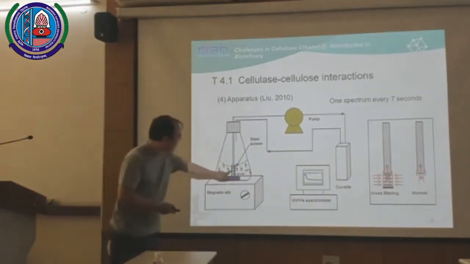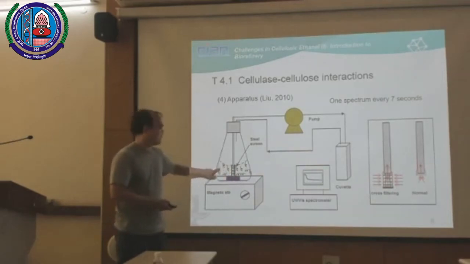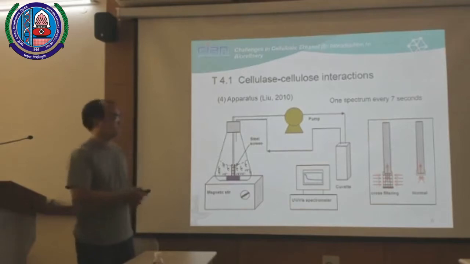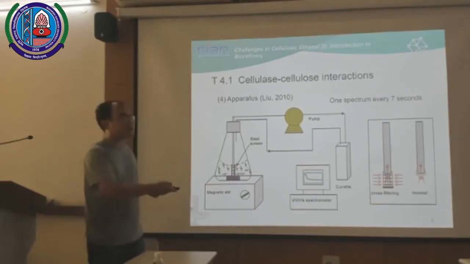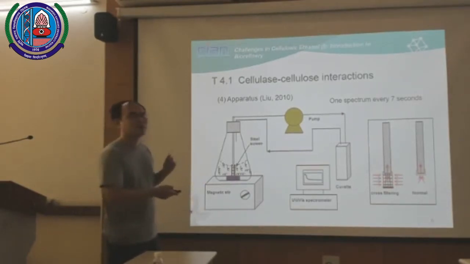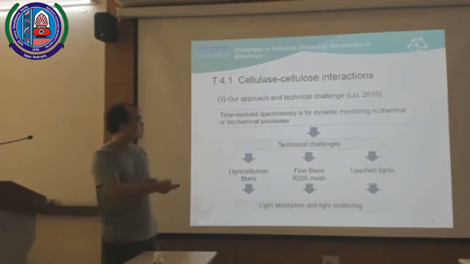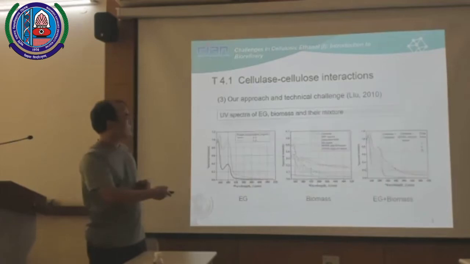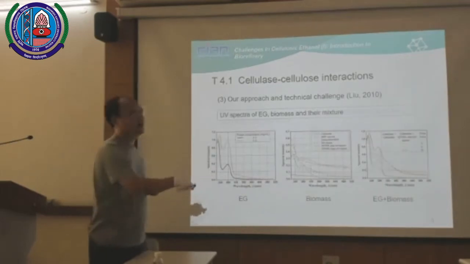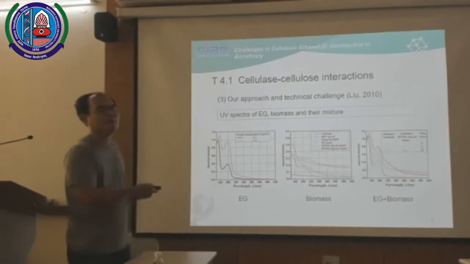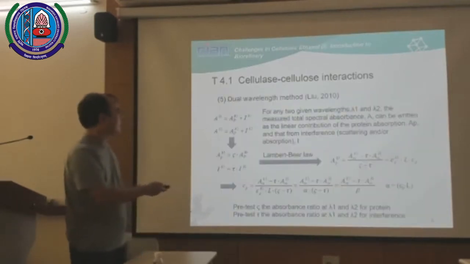So the screen is very helpful to prevent interference from large fibers. Then what I am going to do is calculate from the spectrum to see which signal belongs to protein, to the change of cellulase.